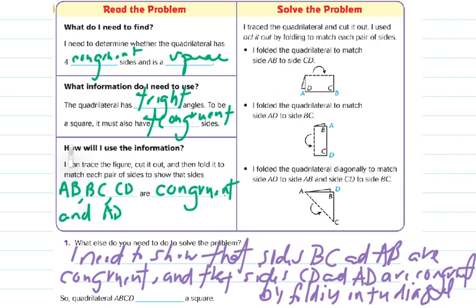So the quadrilateral ABCD is in fact a square because it meets all of these requirements for classifying a square.